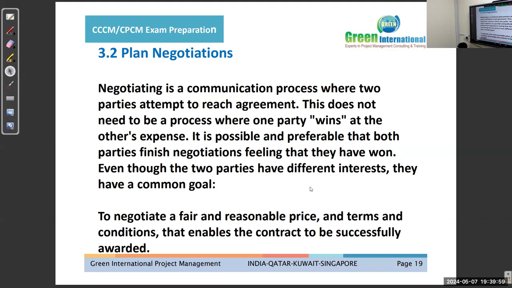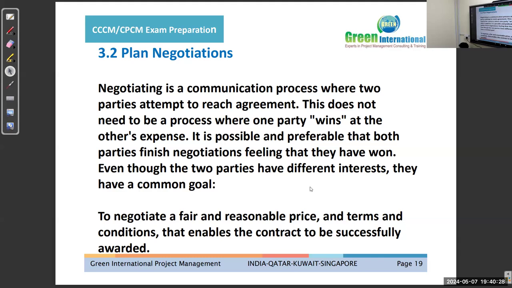Once we go out of the meeting room from the negotiation, we have to maintain a healthy relationship, and we have to understand that we both are in a win-win condition, as a seller and as a buyer. From the buyer's point of view, we are going to negotiate within our limits, and this is our budget target.